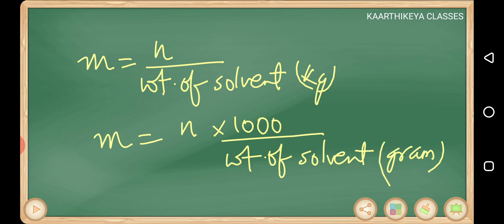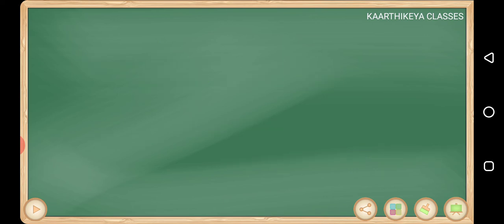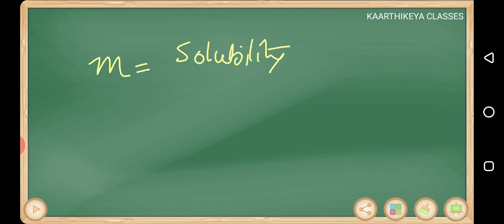In place of N you can write weight by molecular weight. That's fine. These formulae are important. Molality is equal to solubility into 10 by gram molecular weight.